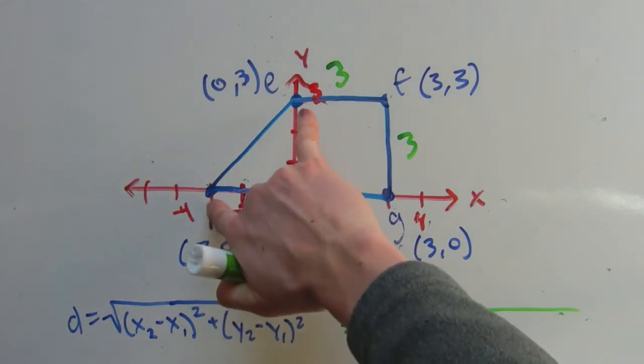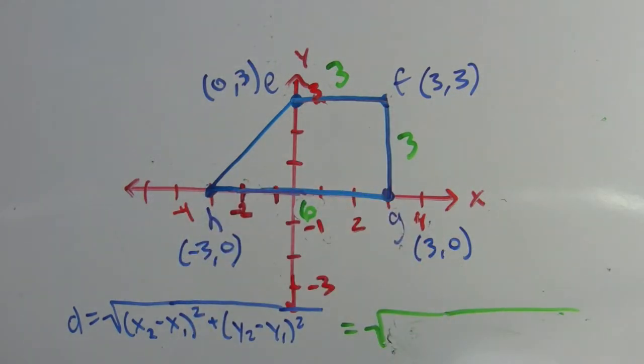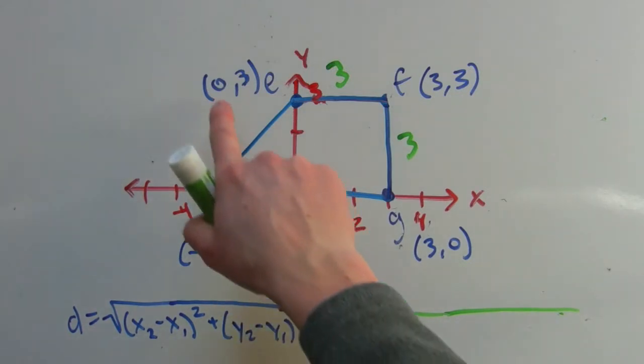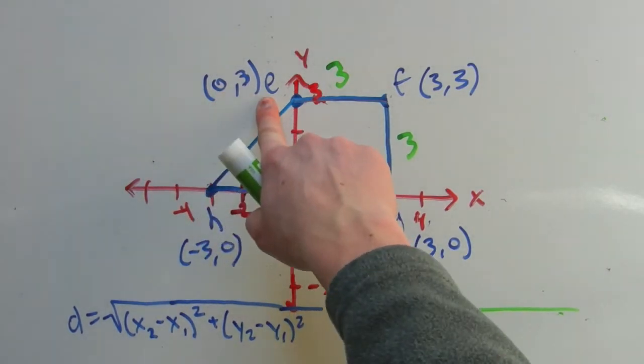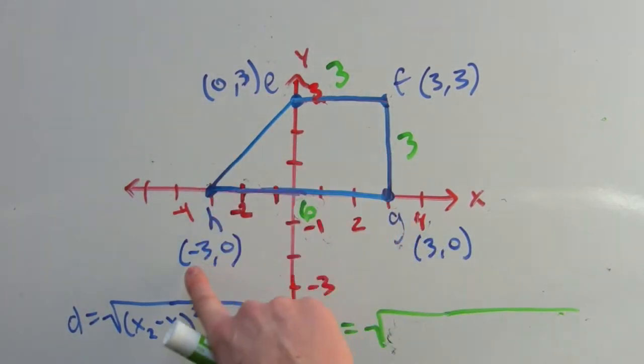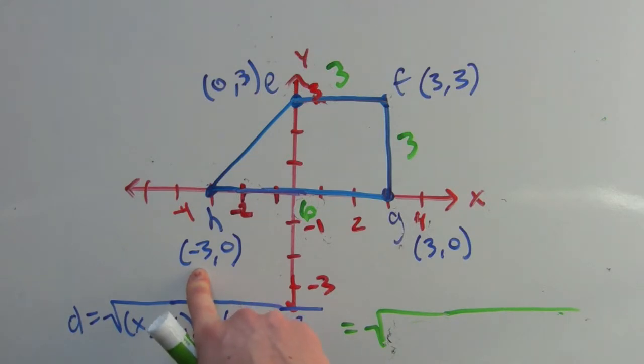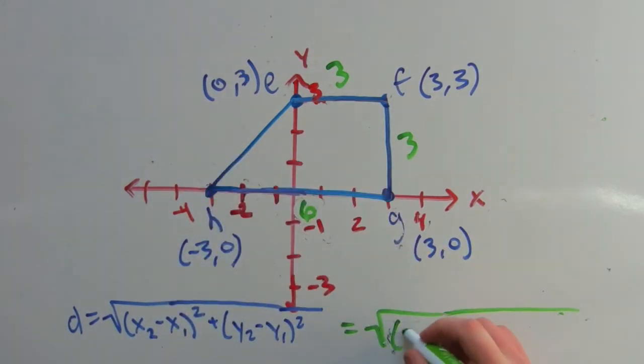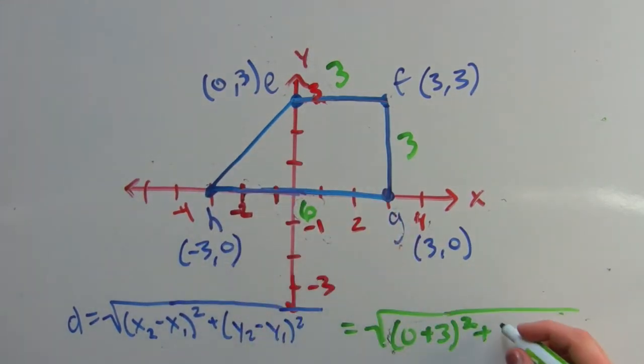Now, let's go from H to E. H to E has both a vertical change and a horizontal change, so we definitely need to use the distance formula. Let's use E as our x2 and y2 coordinates, and H as our x1 and y1 coordinates. So we're going to have 0 minus a negative 3, which would be the same as plus a positive 3, squared, plus 3 minus 0, squared.